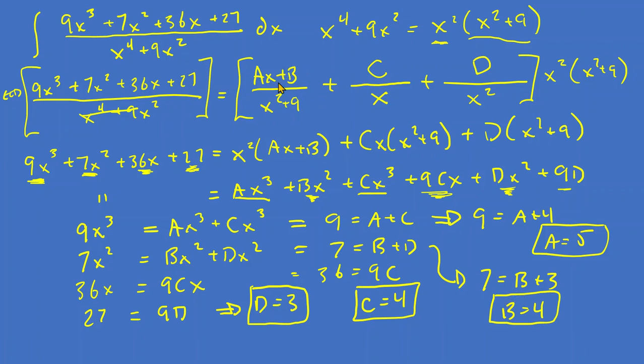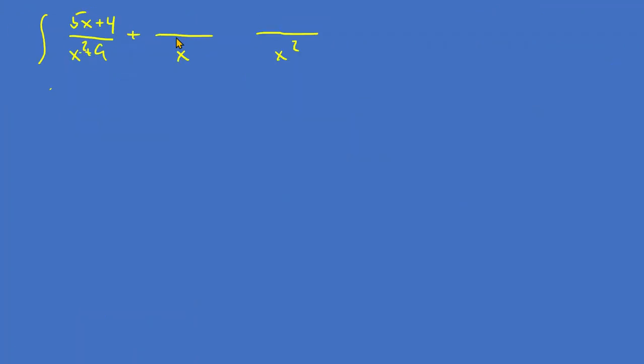So I'm going to substitute those in here. And then I'll put c over x, which is also 4. And then d over x squared, which was 3. So we're going to have 4 over x and 3 over x squared. And those are all positive, so I can just make those pluses. And so here is the integral that we want to integrate.